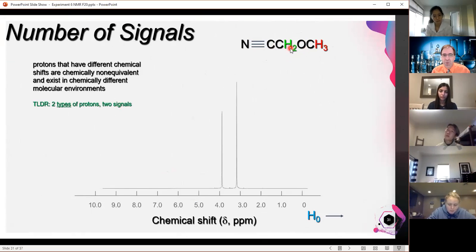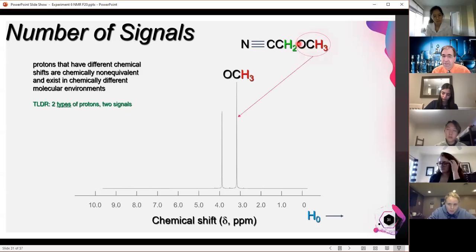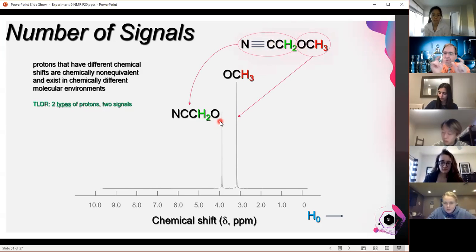We have the green protons that are on a carbon next to a triple bond on one side and an oxygen on the other. And then we have the red protons that are just next to an oxygen. So their electronic environments are different. So all of these protons will show up in this signal here, and all of these protons will show up in this signal here. So the number of signals tells you how many types of hydrogens you have, for example.